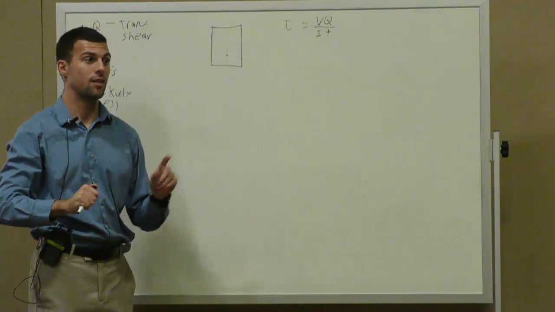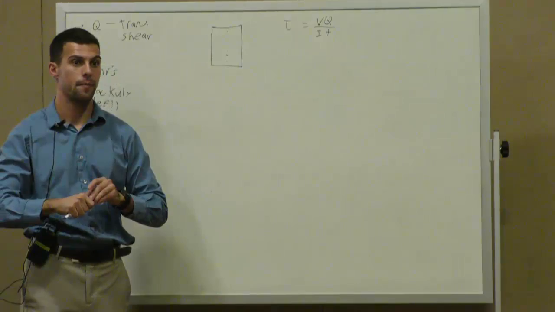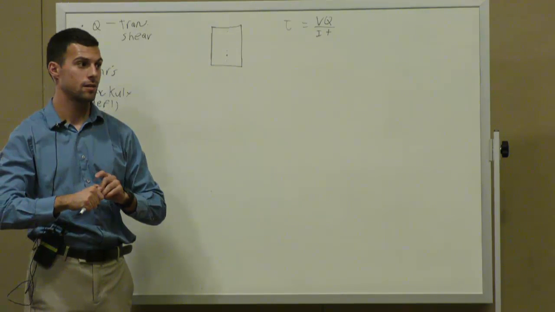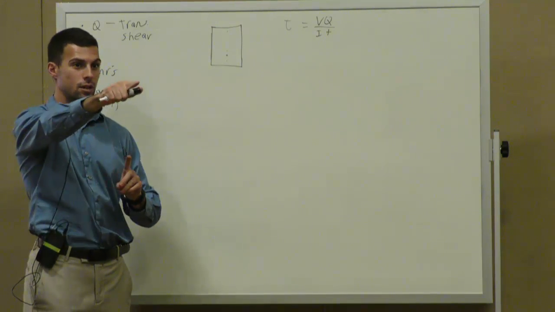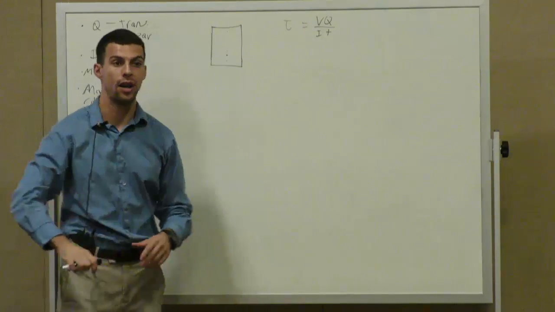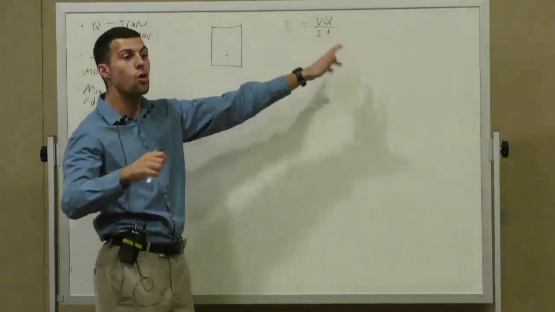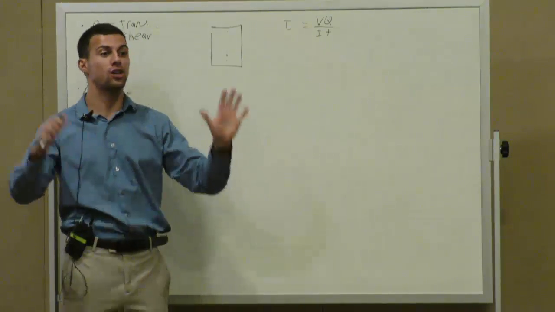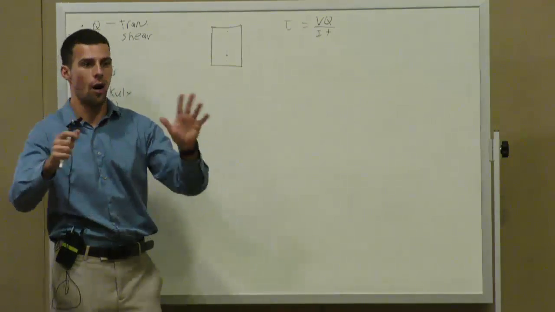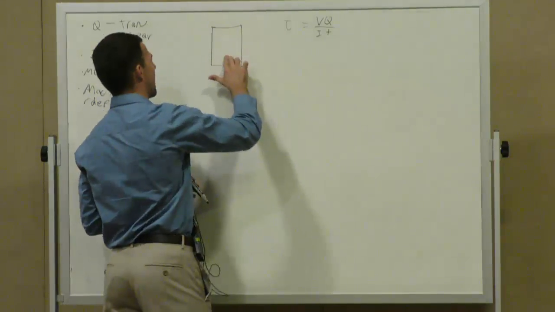Is the value of it the same? So you say Q is different. So if Q is different, can the transverse shear stress be the same? I'm sorry, yes, the load is the same. I'm talking about the shear. Is the shear stress the same at all those points? No. Okay. Yes, my mistake.